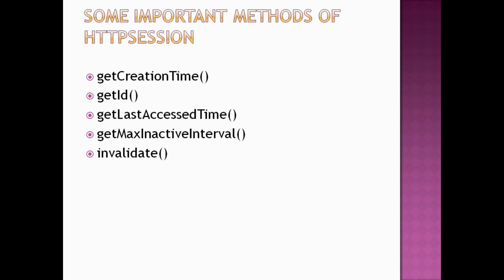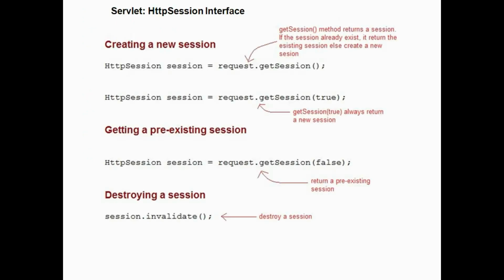So let's see what is an HTTP session interface: creating a session, how to get a pre-existing session, and how to destroy a session by using HTTP session methods. First one, creating a session. HttpSession is a class here which creates one object for a session.